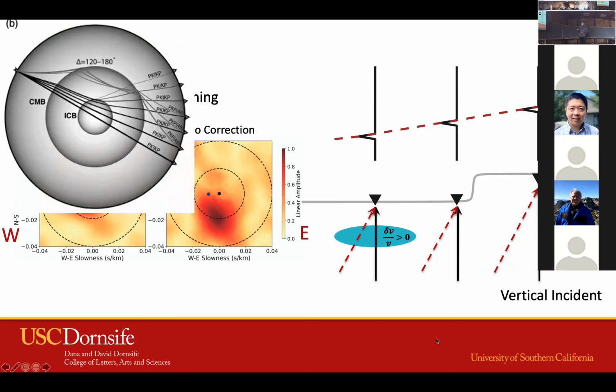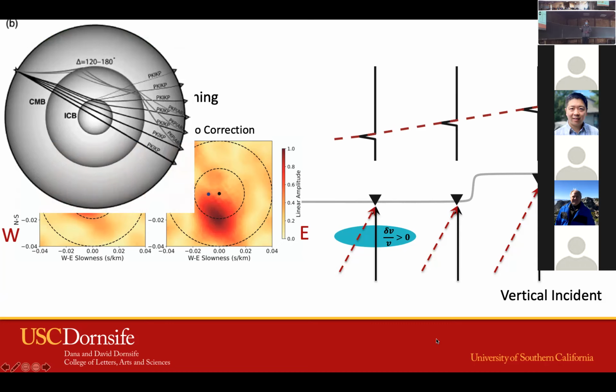There are two dashed circles. The inside dashed circle indicates the slowness of energy grazing the inner core boundary. That means all the inner core scatter energy should come within this direction.